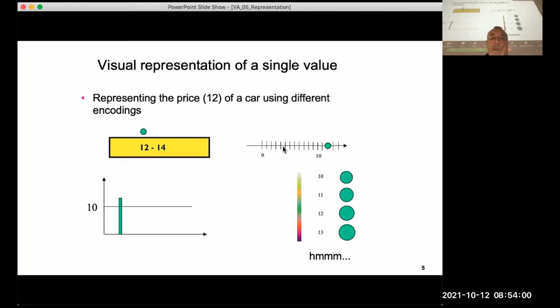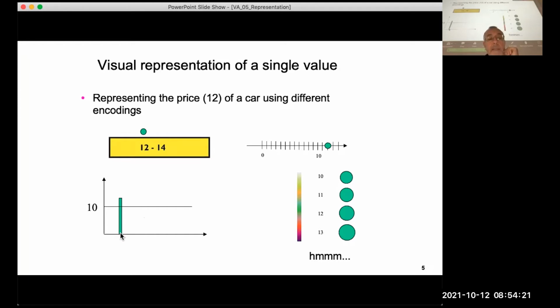If you put that on an axis, this is the most accurate way you can do that. The position of the dot gives you the exact numerical value of the car.